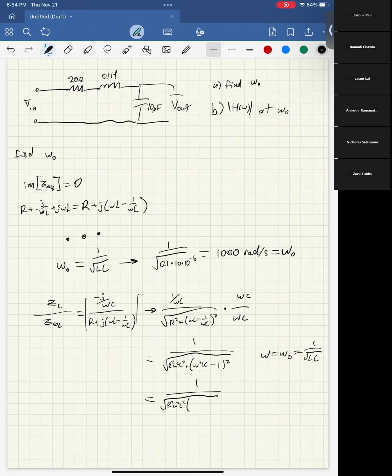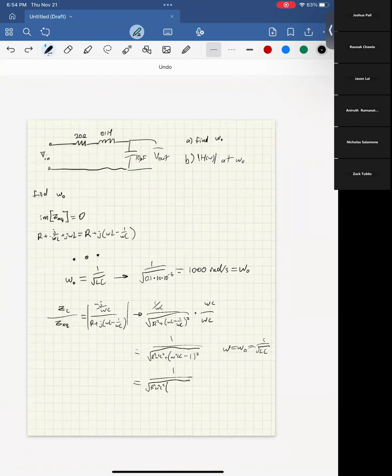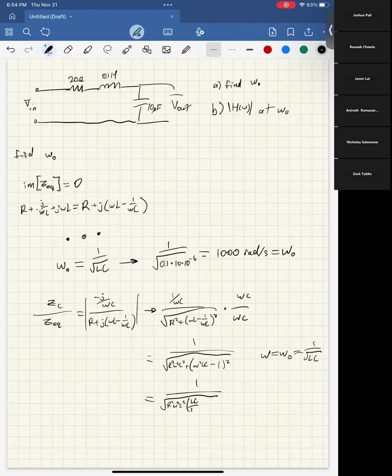But as you can see, if we plug in 1 over square root of LC for this omega squared, then it'll become LC over LC minus 1 squared. So that's 0 squared, that goes away. And then this is 1 over the square root of all that. So then that's just 1 over R omega C.